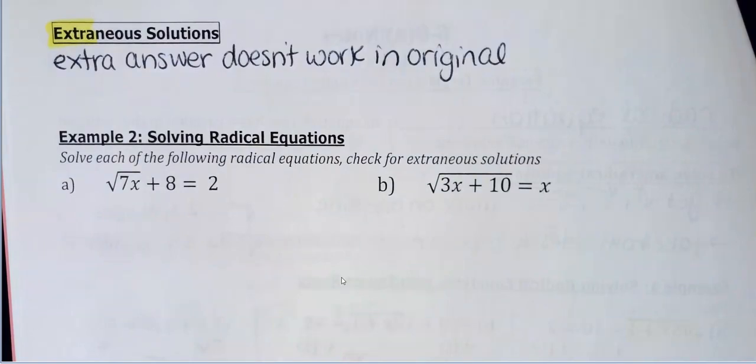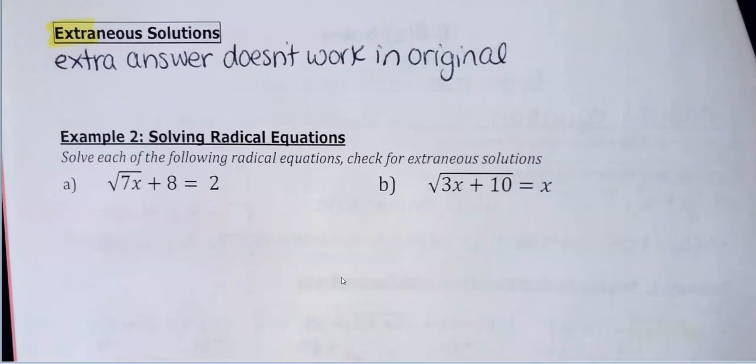What we're going to do here is we are potentially introducing an extraneous solution if you square something or if you take something to the 4th power. This is really only going to be something you're going to worry about if you're doing a square root or a 4th root. You can do this with cube roots and not have any problem, or a 5th root not have any problem, but you cannot have an even root equal to a negative number.